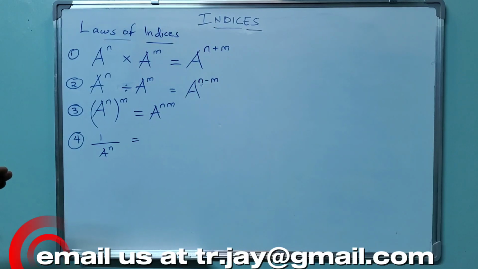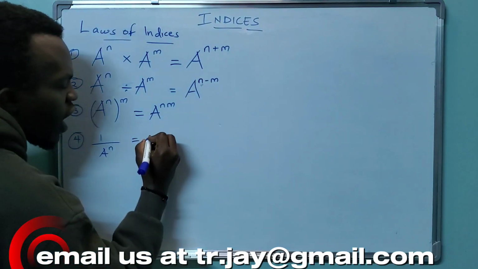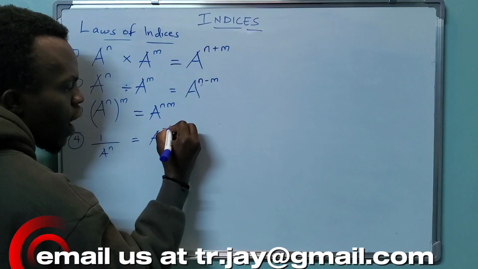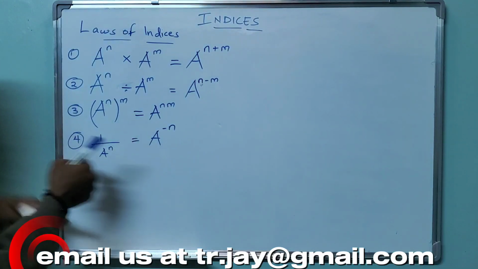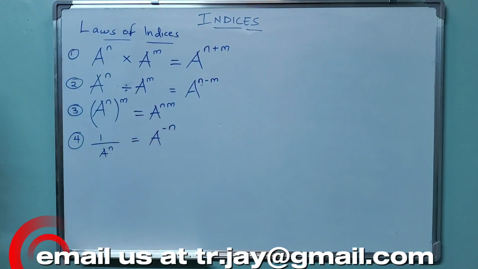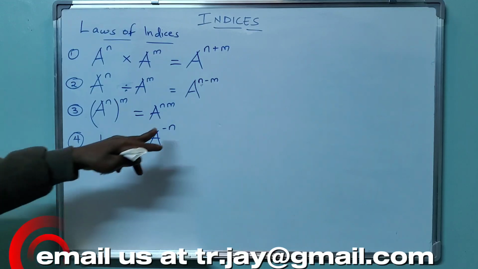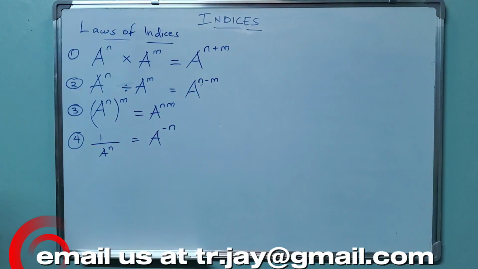It's as if we are having an inverse. So I'm going to have a raised to a negative power of n, because it's as if we are getting the inverse. So any number, when it is raised to a negative power, it means that possibly that number is an inverse.